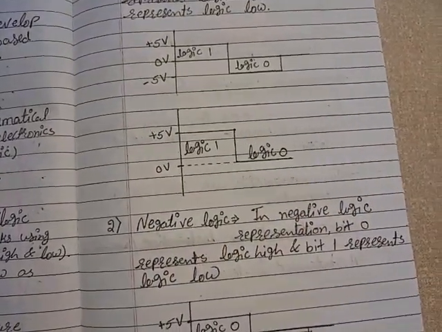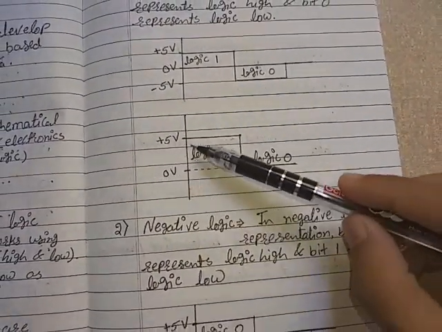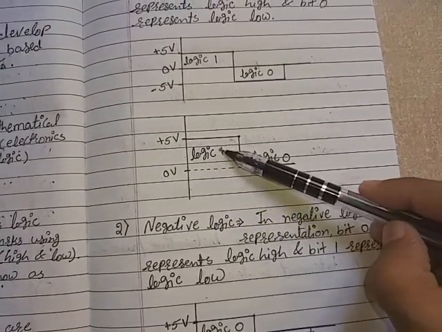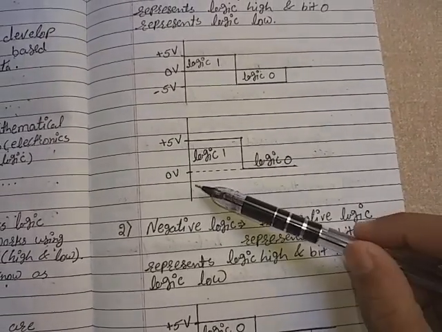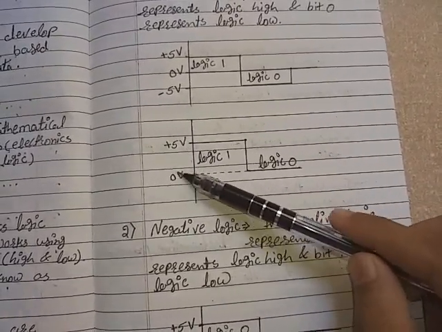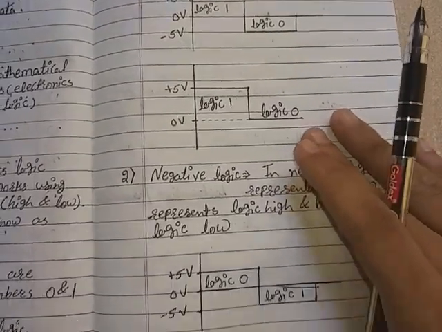Let's see one more example. If we have plus 5 volt and 0 volt, then plus 5 will be at logic 1 and 0 will be at logic 0, because plus 5 is having higher value as compared to 0 volt. Now let's see what about negative logic.